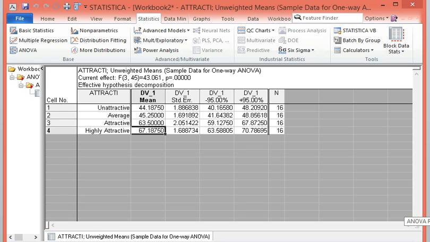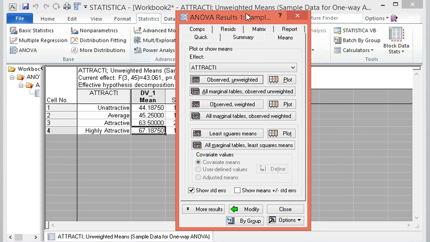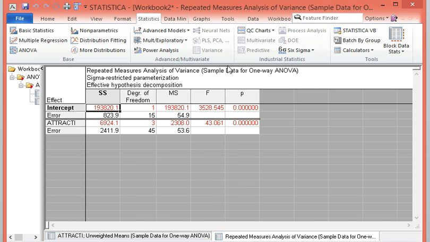So to do that, let's go back to our dialog box, then click on quick, and then click on all effects.